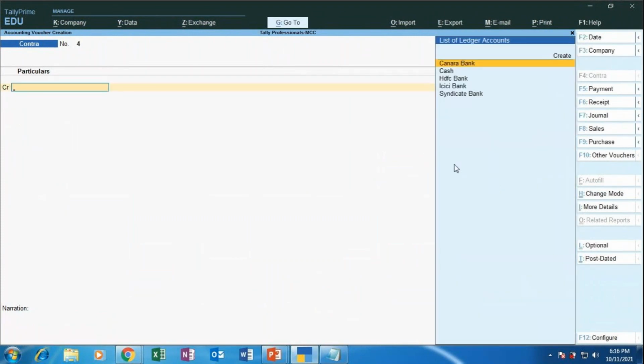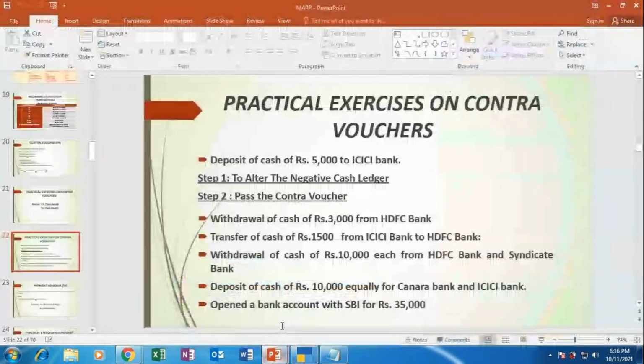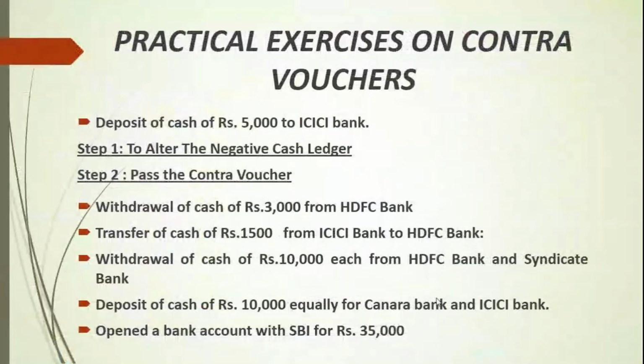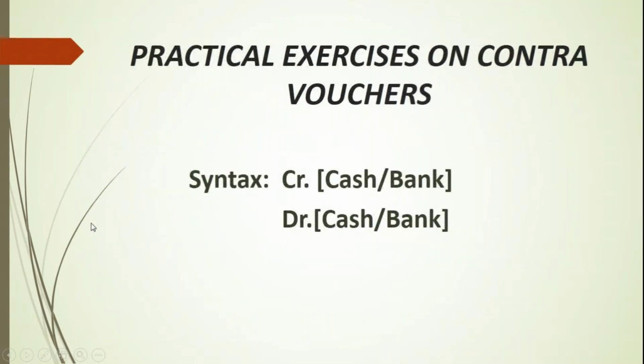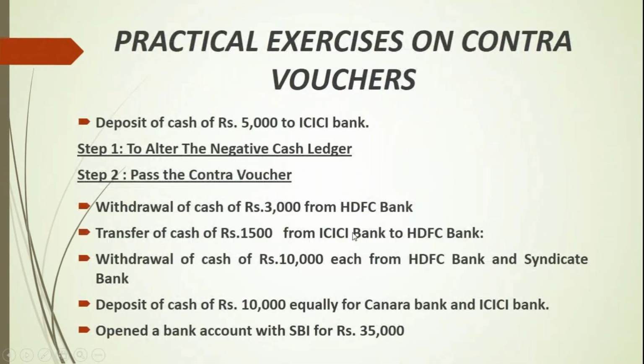Okay. So I hope all are clear with the deposit and withdrawal entries and the contra voucher. Now, the last one in the contra voucher, the most important, rather, I can say, is the third one: transfer of cash of 1,500 from ICICI Bank to HDFC Bank.